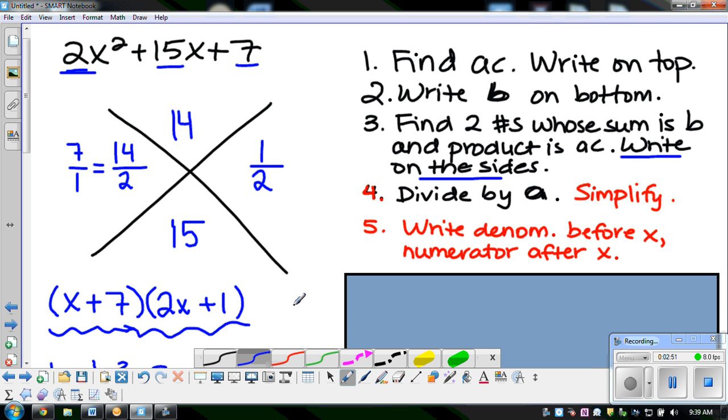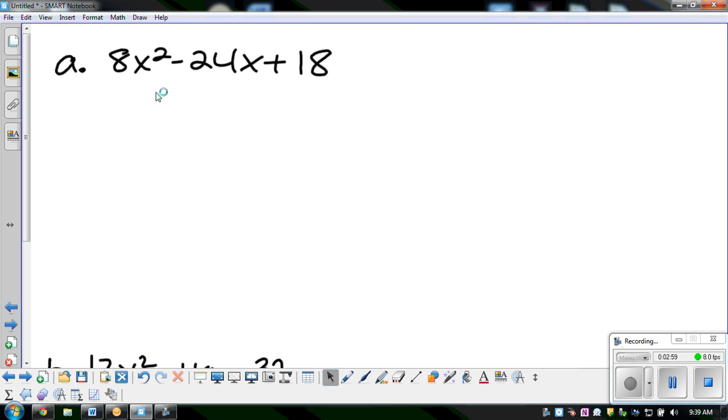So again, this will work unless a greatest common factor is present. The way to handle a greatest common factor, for example, a problem like this, 8x squared minus 24x plus 18, this would have a greatest common factor of 2.